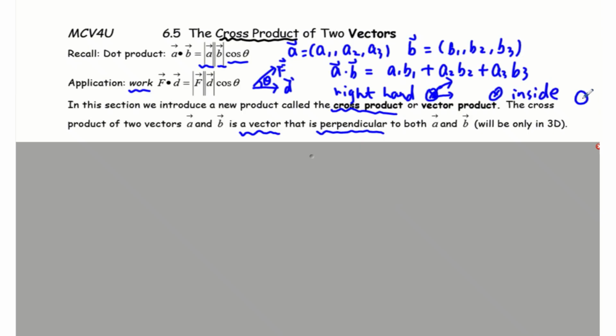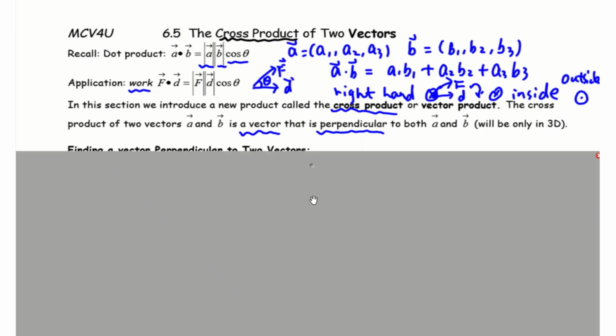For outside of the page, we just use a dot. So just wrap your fingers from F to d. Your fingers are wrapped this way, then your thumb points inside the page. That is the direction of the cross product.